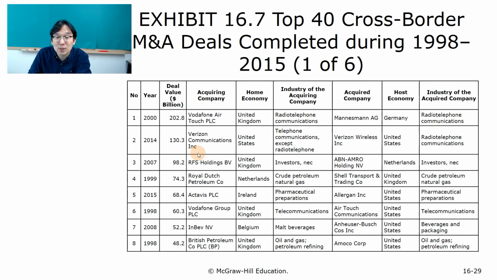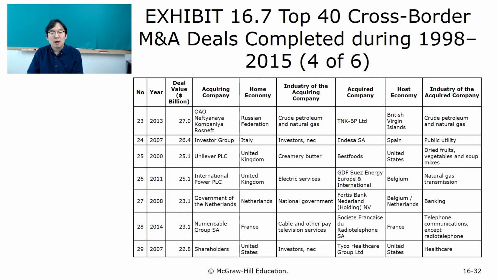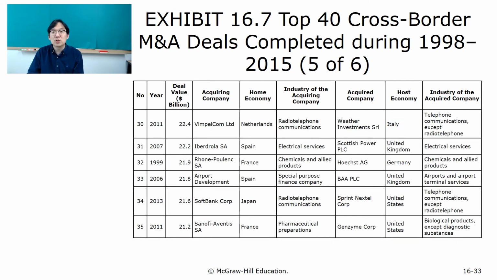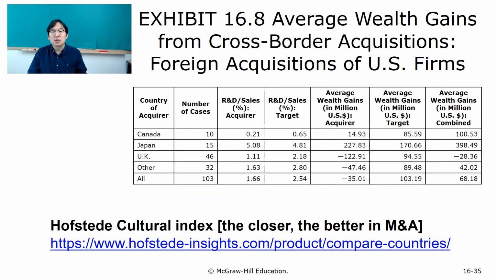The deal size was like $202 billion, historically the largest one in M&A, and even until now, nothing has beaten it. Then the deal size goes down, and a lot of things happened, that you can check out in your textbook, Exhibit 7. So go ahead and watch it.